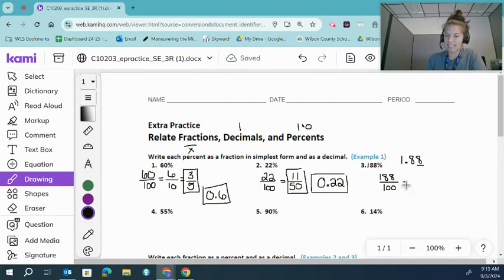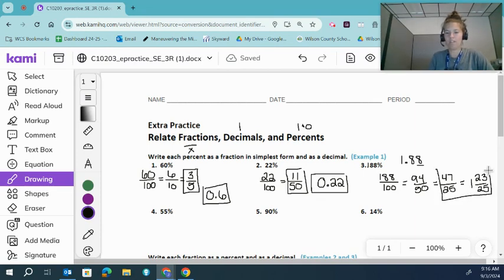And then I can simplify this further, which would give me 94 over 50, because 188 divided by 2 is 94, and 100 divided by 2 is 50. And then if I divide by 2 again, I'm going to get 47 over 25, which you could write as a mixed number as 1 and 22/25.